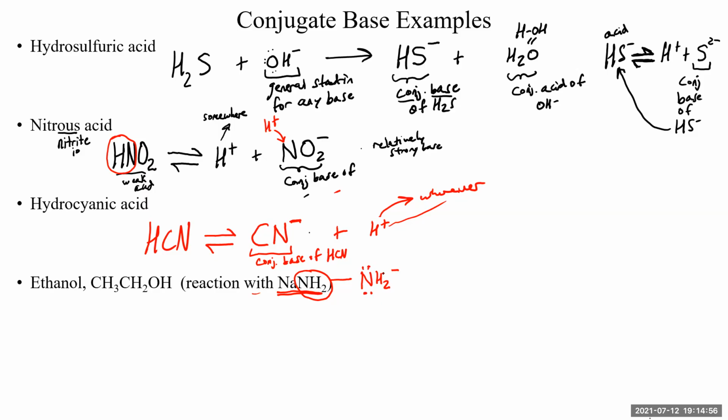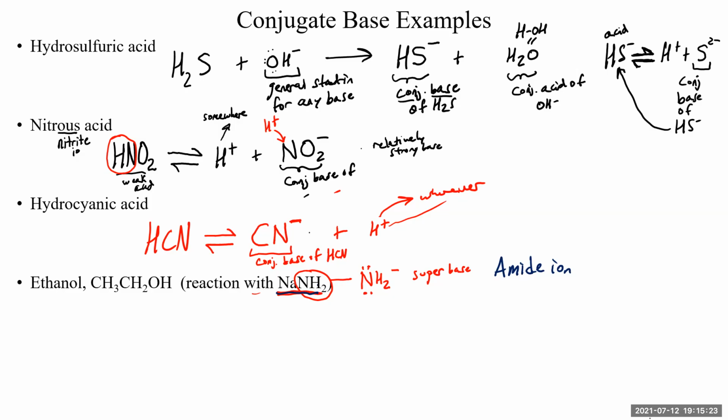I'll talk about it later, but right now, this is a super base, or very nearly so, the amide. It's called, by the way, the amide ion. Let me write this a little bit more neatly for you. The amide ion. And of course, this compound is just sodium amide.